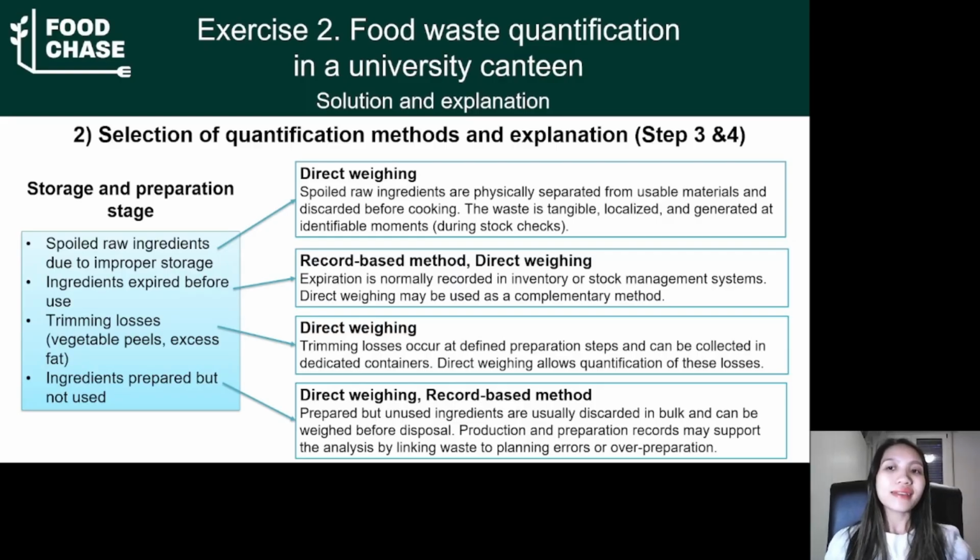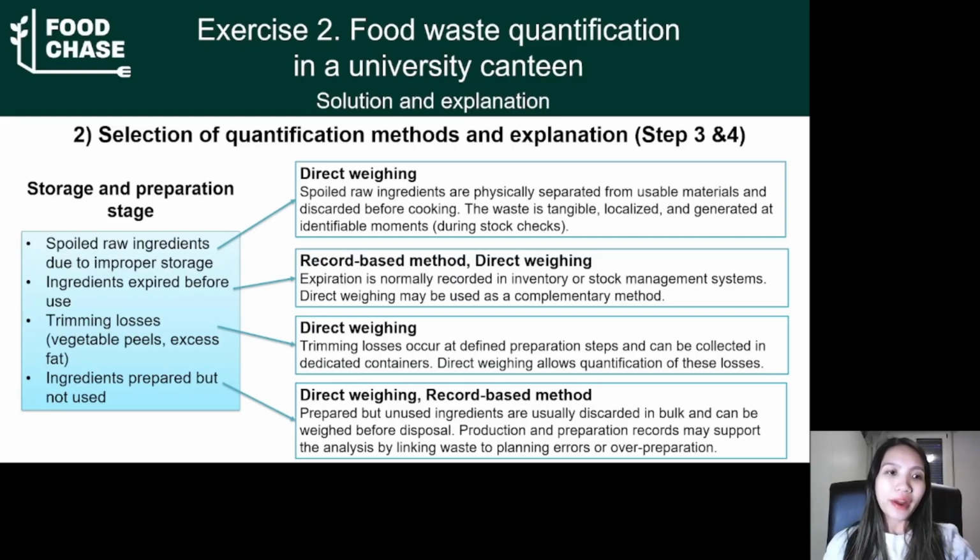So the waste is visible, localized, and generated at identifiable moments. For this waste, we can use direct measurement, in particular direct weighing, because considering the size of the canteen, this quantity could be weighed by an industrial scale.